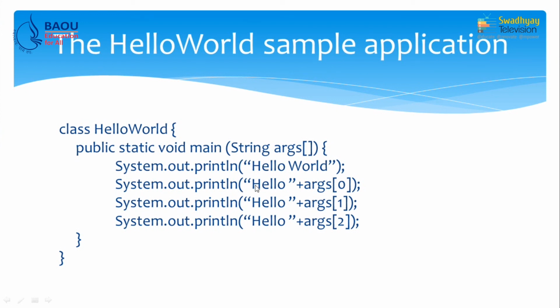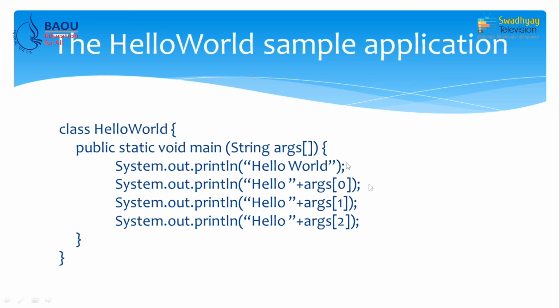Now, here in the second line we write System.out.println, which means we want to print something on screen, and what we want to print is specified as a literal or constant in double quotes, which is hello, and then we concatenate another value by writing the plus operator, and here I write args[0]. It means I want to display the first command line argument specified by the user. So, this program assumes that we will provide at least 3 command line arguments.